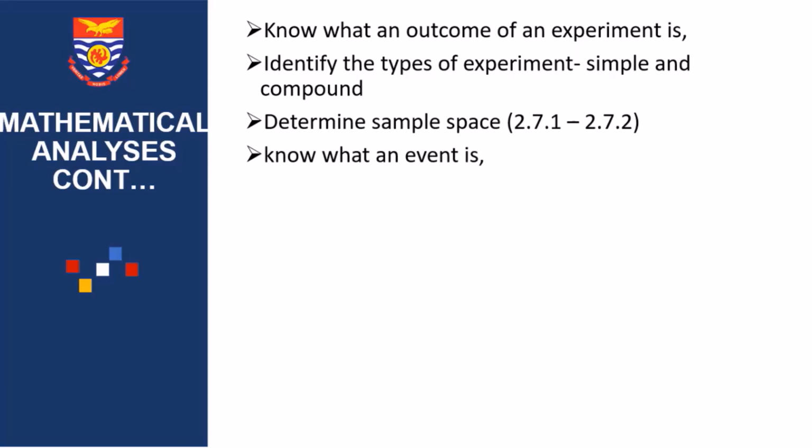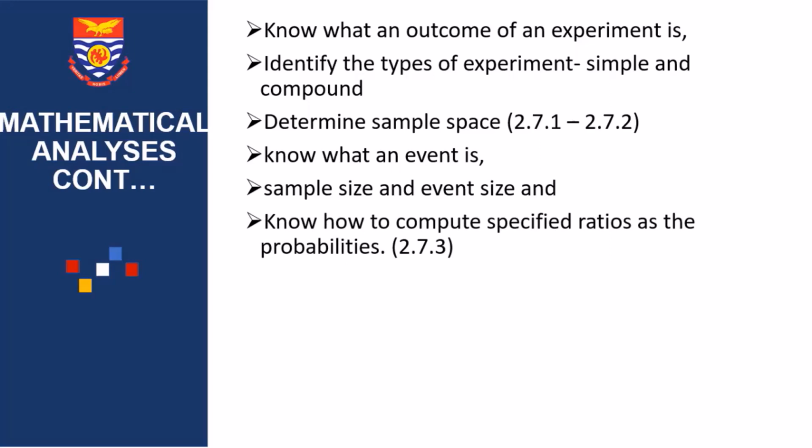And then know what an event is, and also be able to find sample size and event size, and then know how to compute specified ratios as the probabilities. All these things are under specific objective 2.7.3. Also, they should be able to interpret the word "or" as addition, and that is the 4th specific objective.